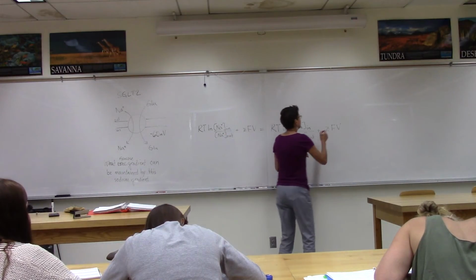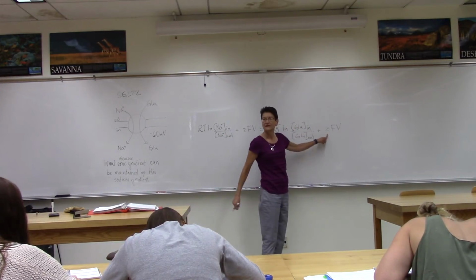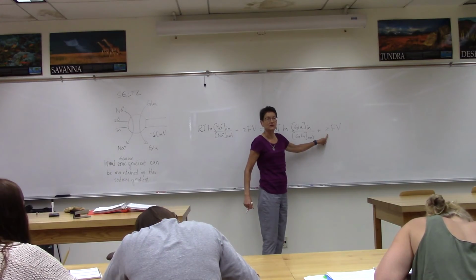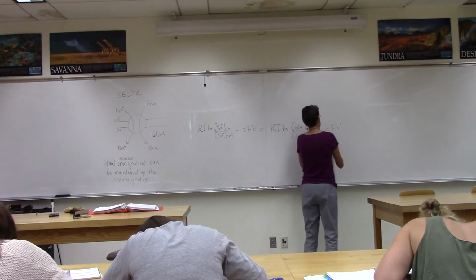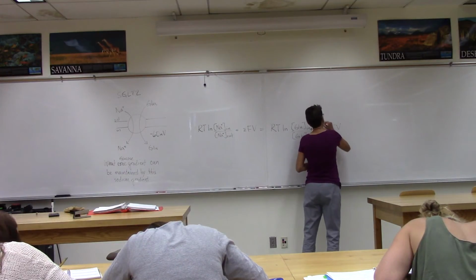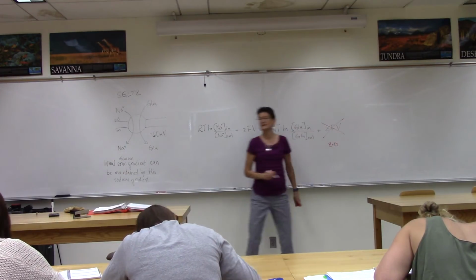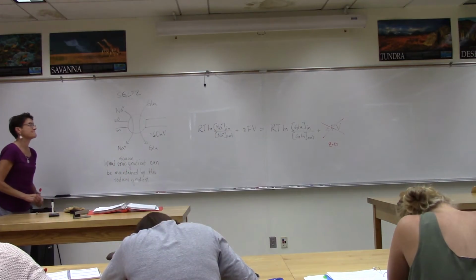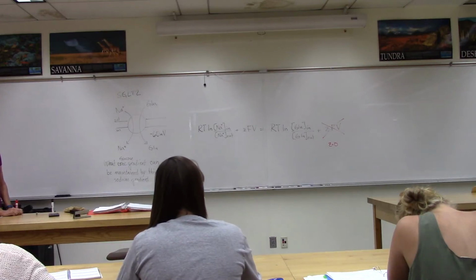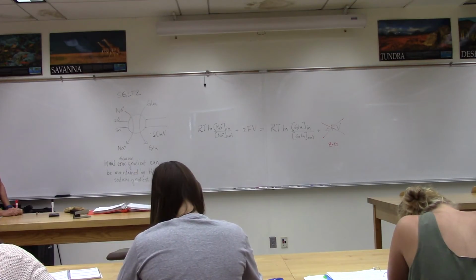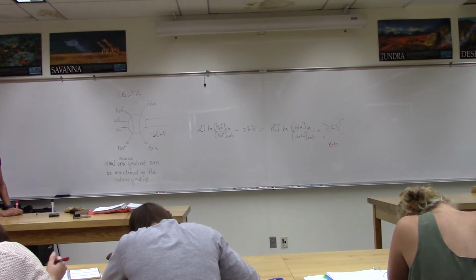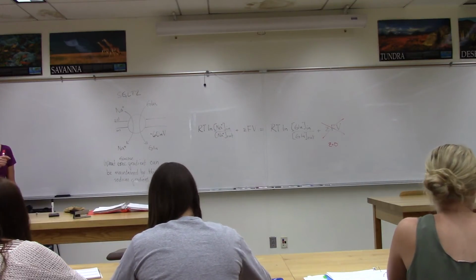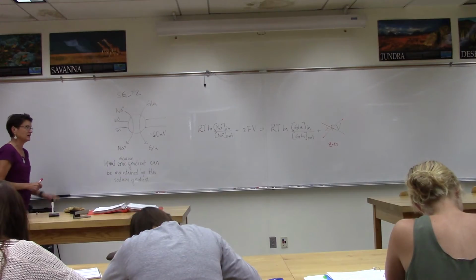For glucose, Z equals... what does Z equal for glucose? 0. Z equals 0, so this value becomes pretty unimportant. I'm not really asking what the glucose concentration is inside the cell and what it is outside the cell.